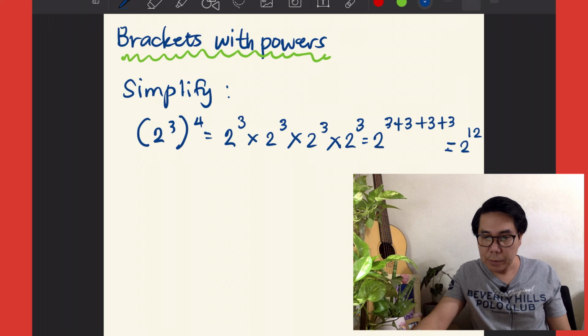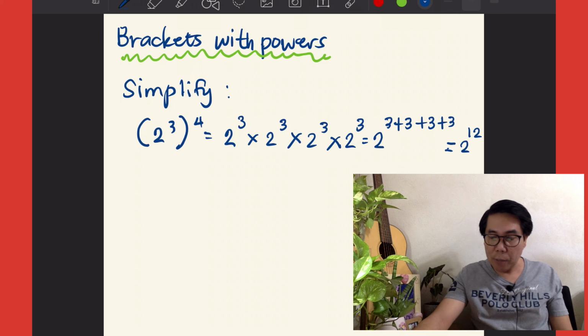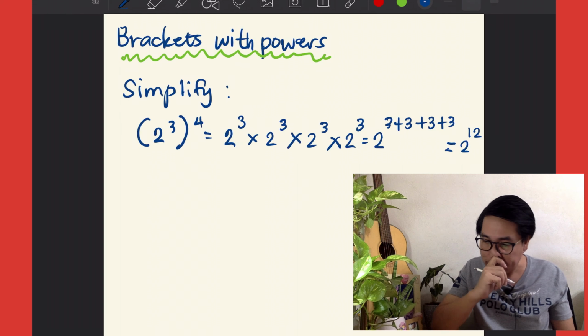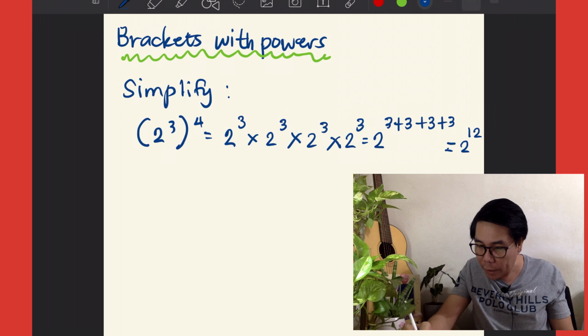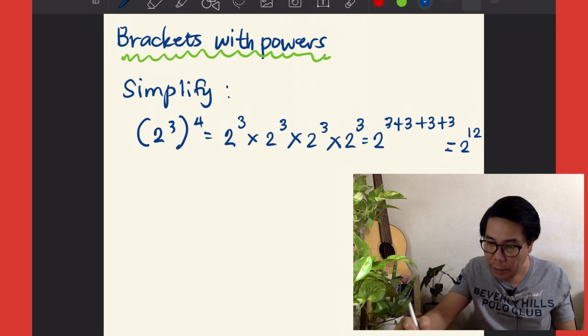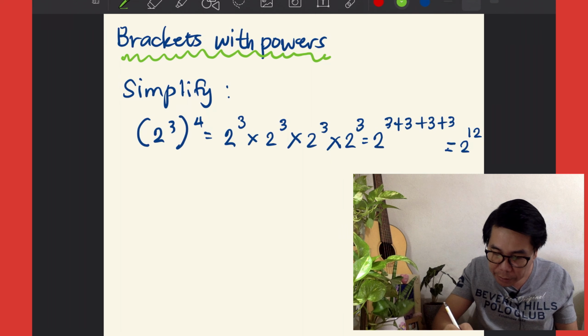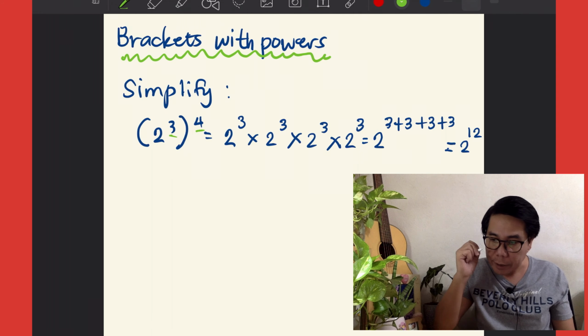So what is the short way of doing it? Can we see the link? To get 2 raised to the power of 12, we can simply multiply 3 here and 4 there.